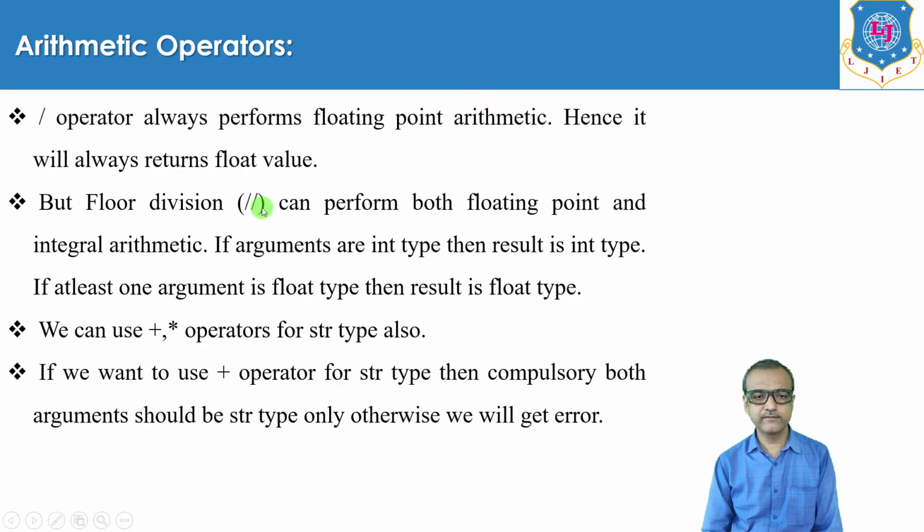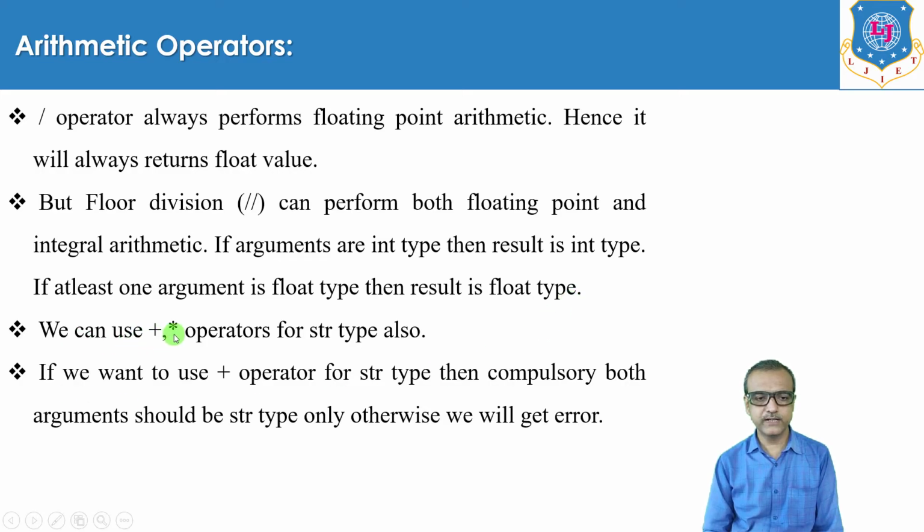But floor division, that is this one, can perform both floating point and integral arithmetic. If arguments are integer type, then the result is integer type. For example, if you divide 10 by 2, you will get 5 only, because 10 and 5 both are integer type. If at least one argument is float type, then the result is float type. For example, if I will divide 10.0 by 2, the result is 5.0.